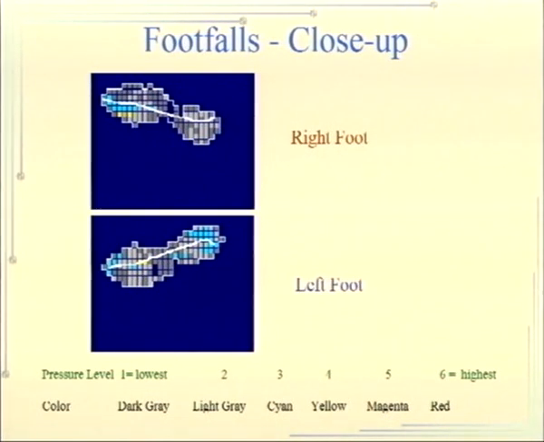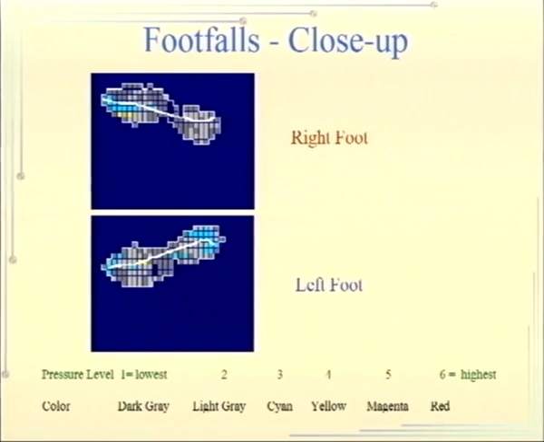Then automatically it can calculate the progression of what's called the ground reaction force, but that's basically the force line that's progressing forward as you walk, and it can calculate that in terms of where it's occurring on the feet as you walk forward.